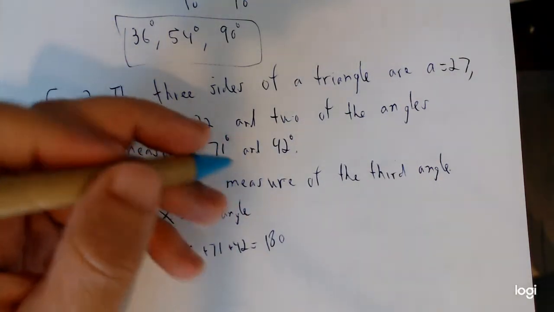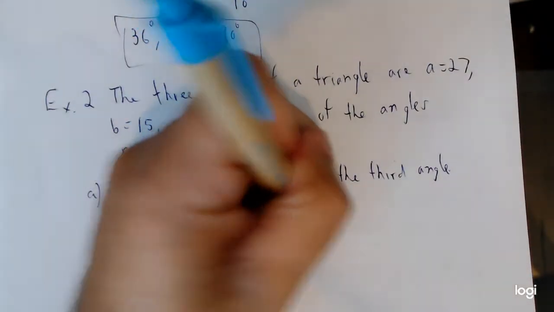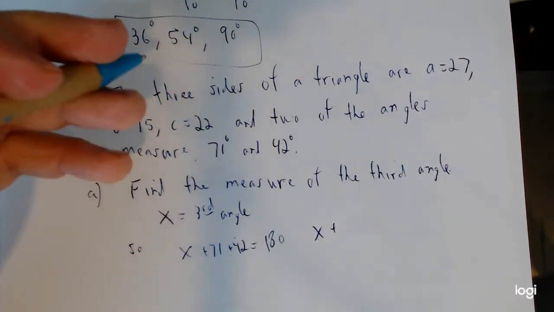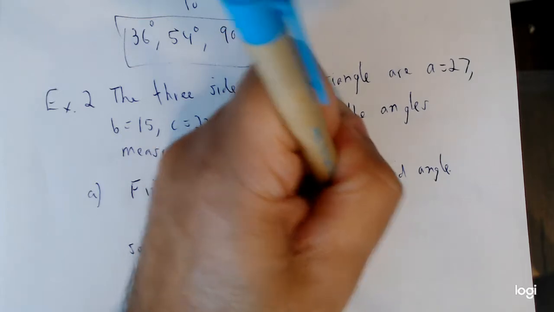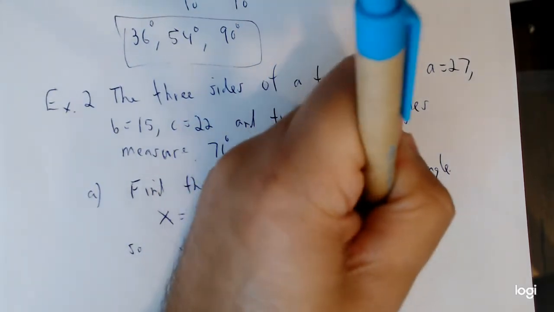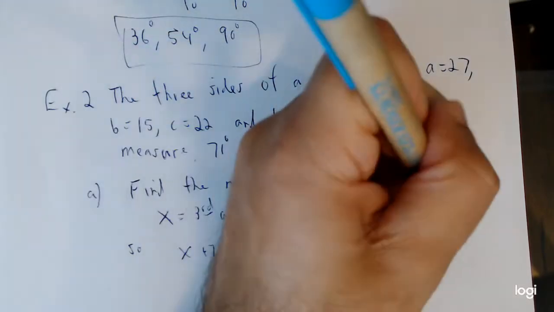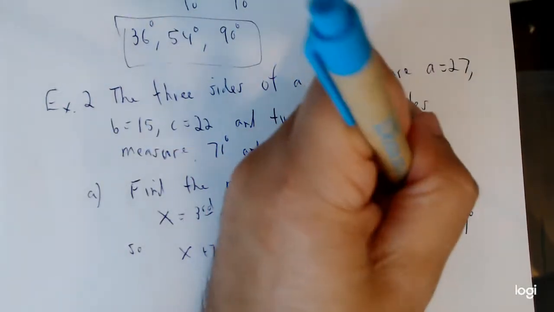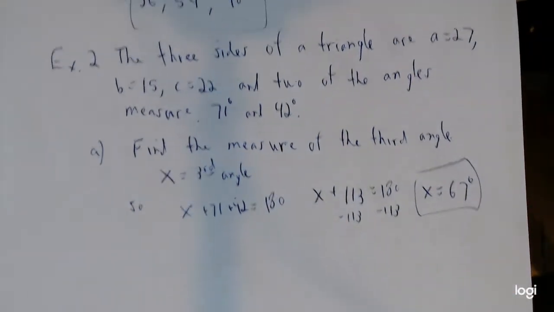So x plus 71 plus 42 is what? That's 113 equals 180. Subtract 113 from both sides, and you get x equals 67 degrees. So we found the third angle to be 67 degrees.